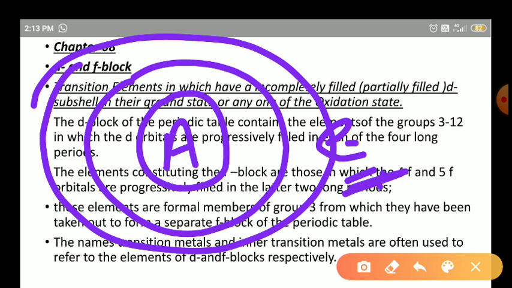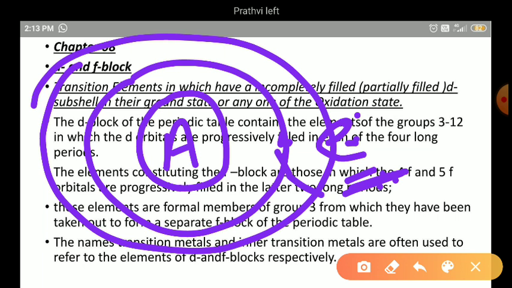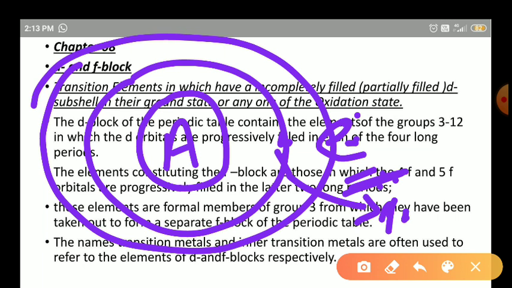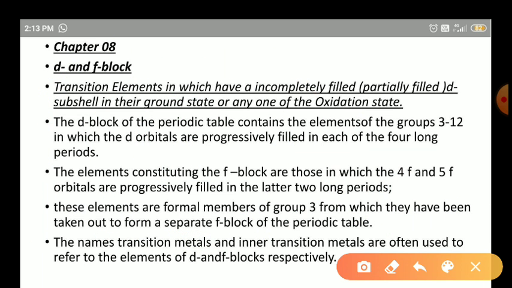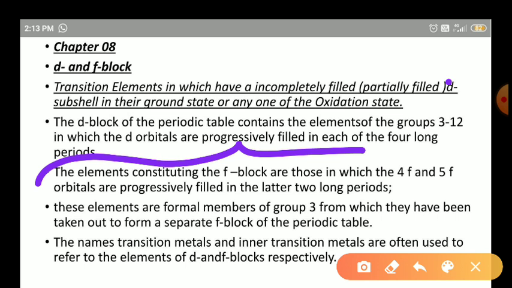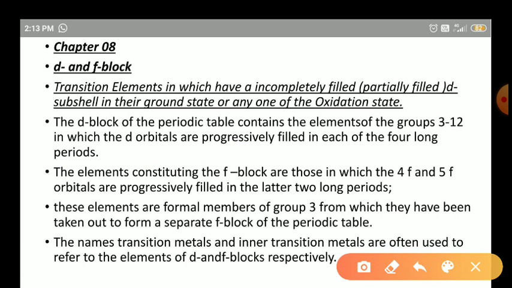The inner orbitals below the valence shell are called the penultimate shells. The D block elements constitute the penultimate shells.